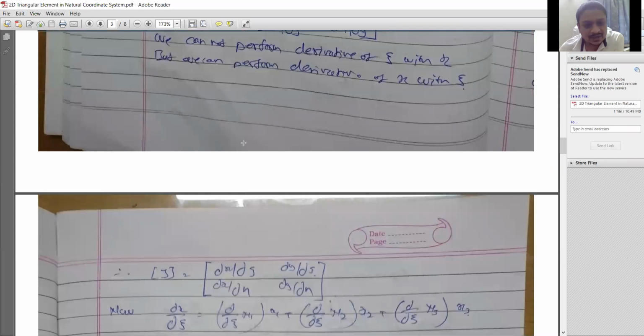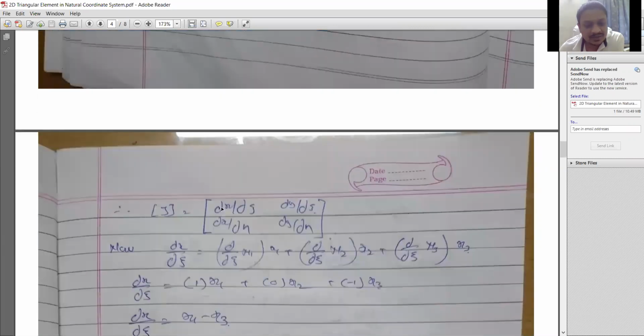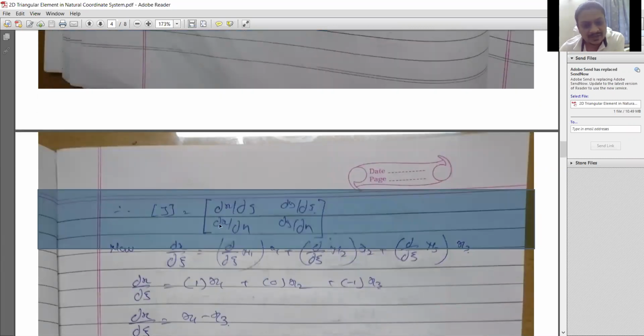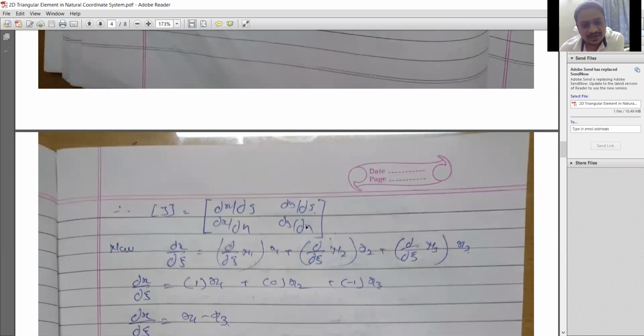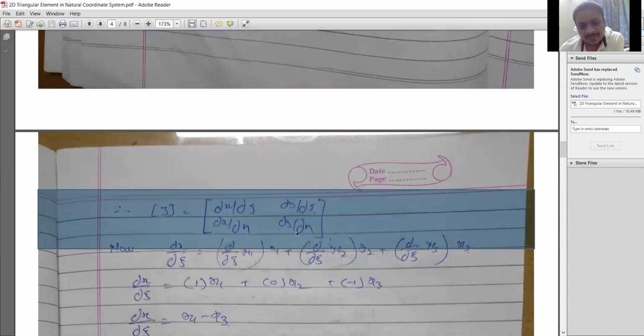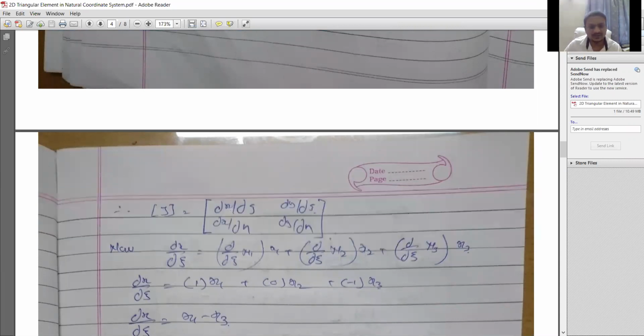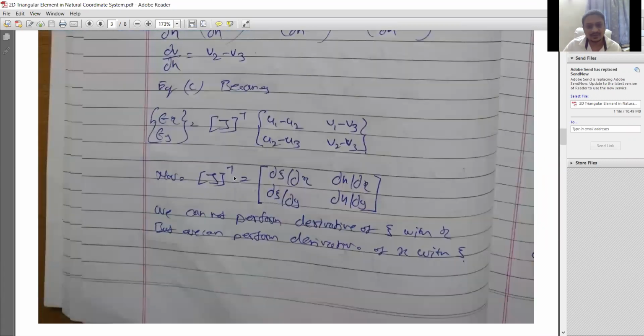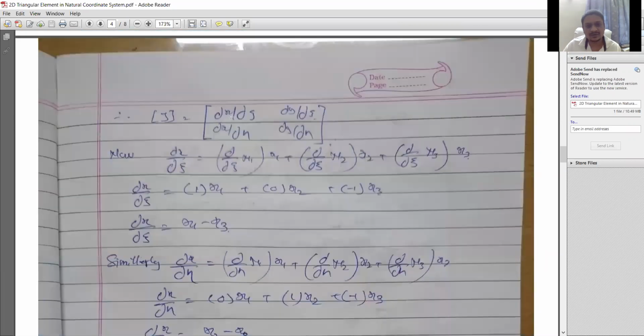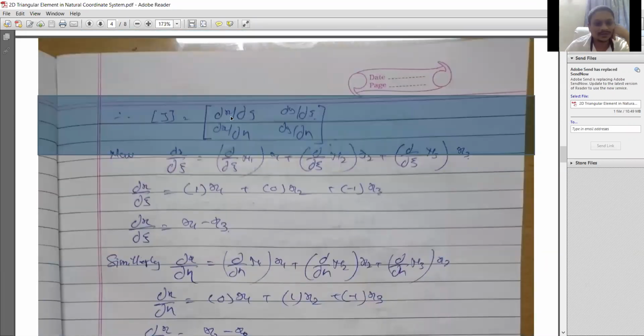So I can write the Jacobian matrix as dx by d xi and dx by d eta, and here you have dy by d xi and dy by d eta. So like this we can generate the Jacobian matrix, which is exactly the inverse of that, but while going for the inverse we will be requiring the determinant as well.